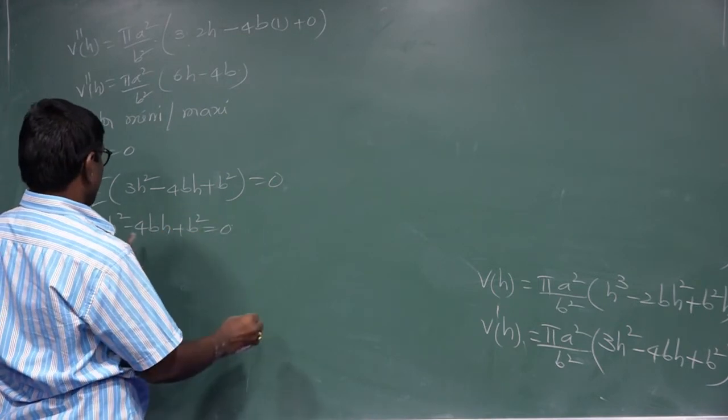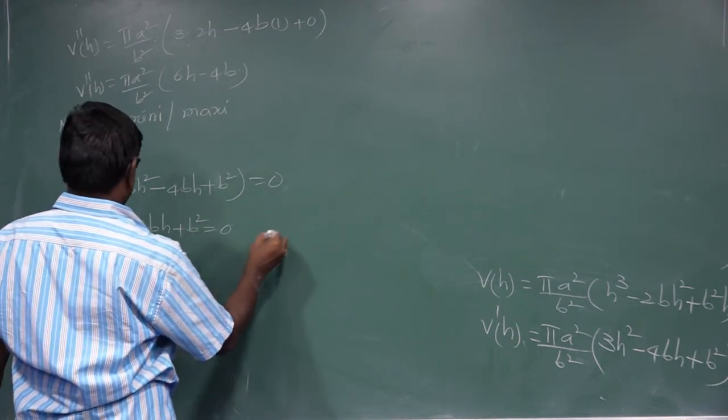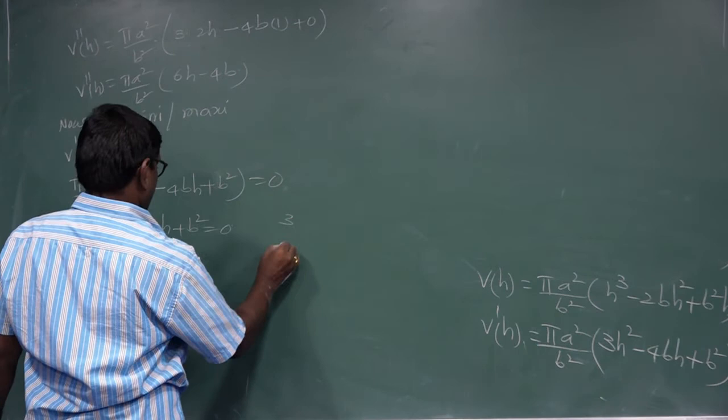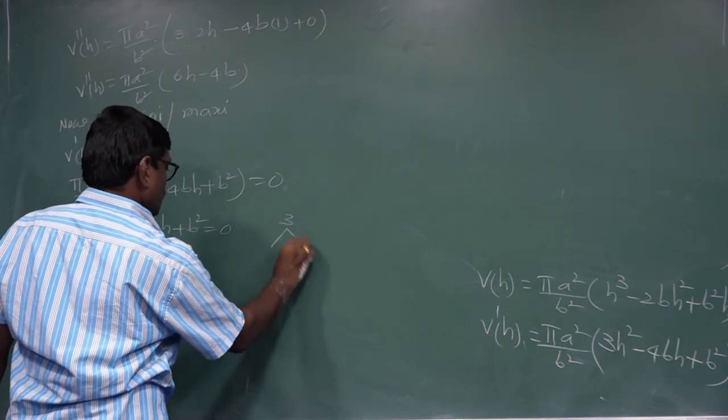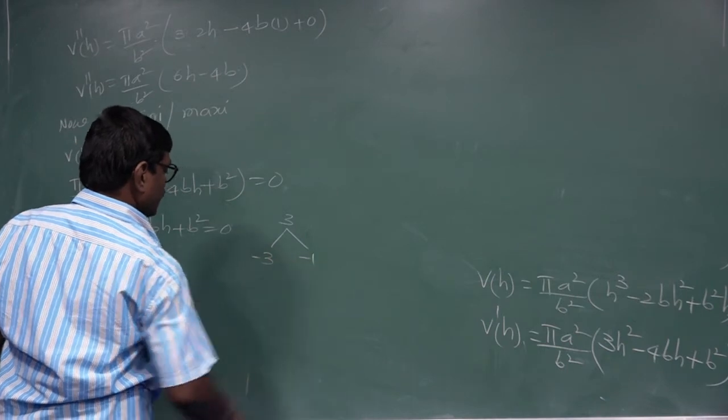Factorizing: 3 into 1 is 3, the factors adding to minus 4 are minus 3 and minus 1.